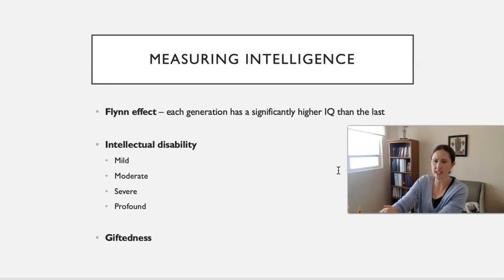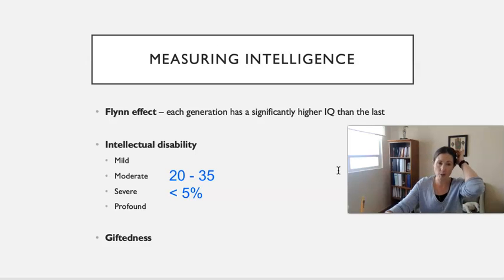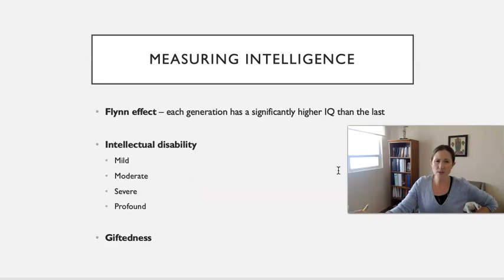If you have severe intellectual disability, this is someone with an IQ between 20 and 35. Just under 5% of people with intellectual disability fall into this category. You also have some functional self-care skills. You can do some things for yourself, but you have to have oversight in your daily environment, in your activities. You're going to have to live in a group home. You're going to have to be highly supervised if you have a job.